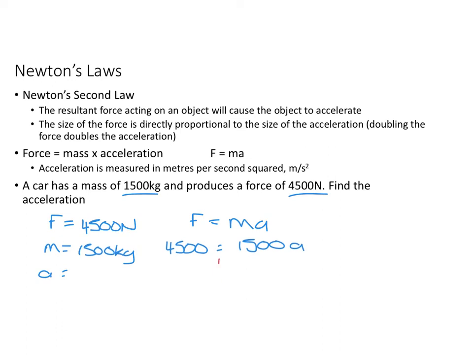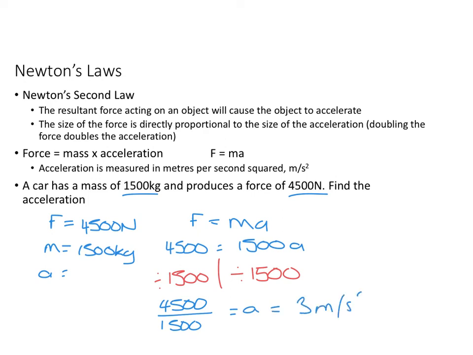Now we're going to divide each side by 1,500. So we get 4,500 divided by 1,500. We put that into a calculator and we find out that the acceleration is 3 meters per second squared. And remember, we need to use the correct units.